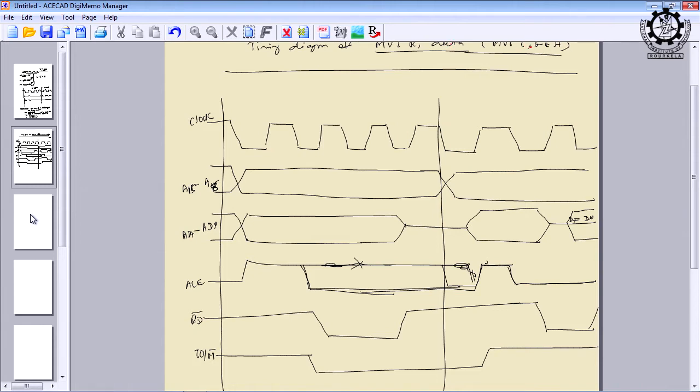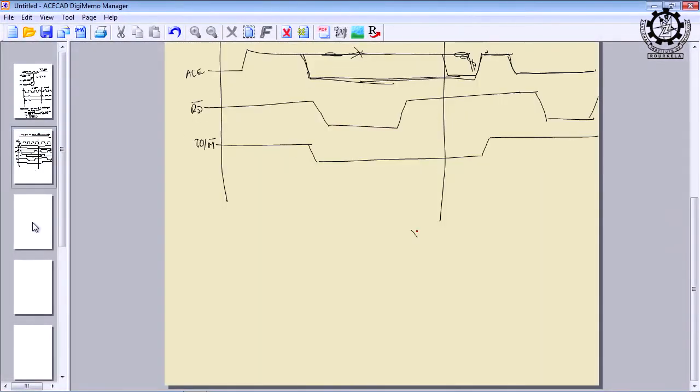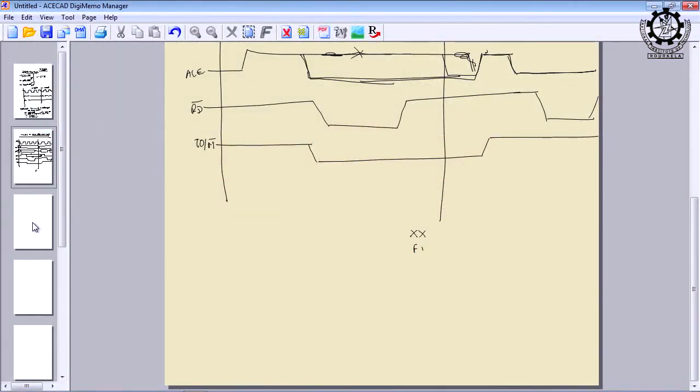Suppose you write move immediate C comma FEH, what is the meaning of this? FE will be loaded into the register C, you know it, that is the meaning of the instruction. But that happens during execution. Whenever you observe this instruction, it is a 2-byte instruction. What is the code for move immediate C? If you see the manual, you can find the 8-bit code. So, assume that it is XX. So, the 1 byte opcode is XX, and the next byte will be FE. Is it okay? And assume that it is stored in memory locations, let us take 2050 and 2051.